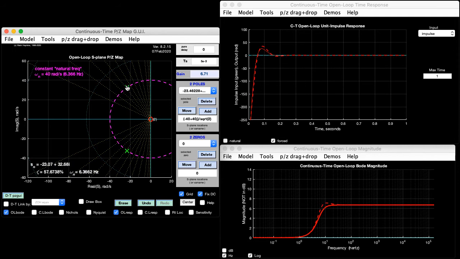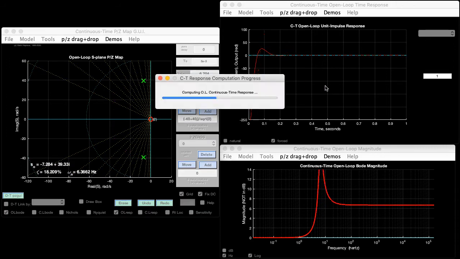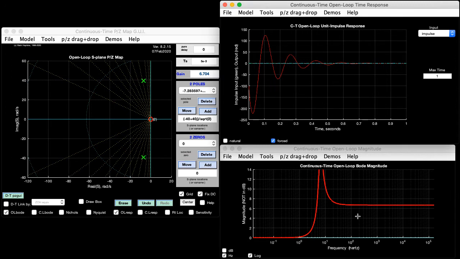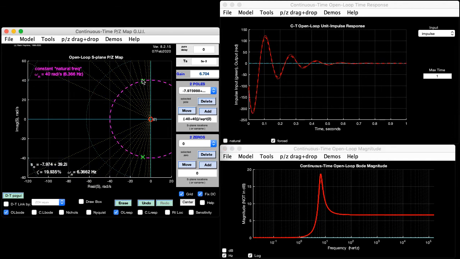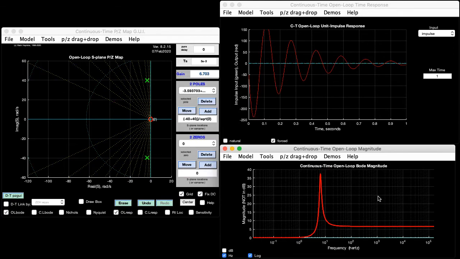So here, the resonance bump basically starts over at infinity and very quickly climbs downward to omega n. So as I get close to the axis here, not only do I see very strong oscillations in the time domain, I see a very strong peak in the frequency domain that in the low-pass case went up to omega n. Here in the high-pass case it's going down to omega n. So that's kind of fun.